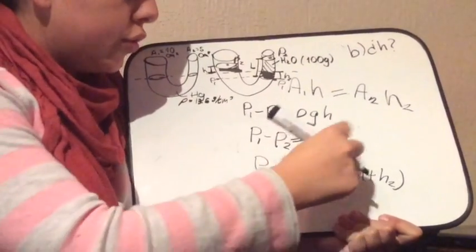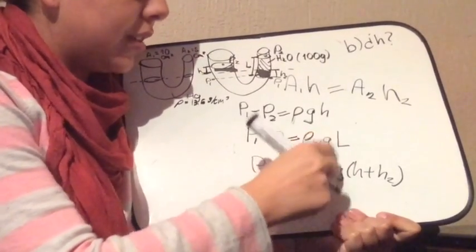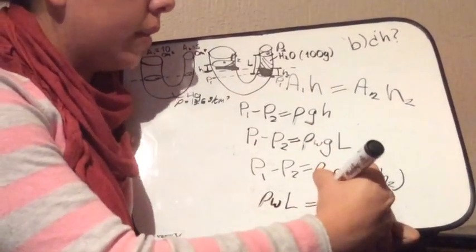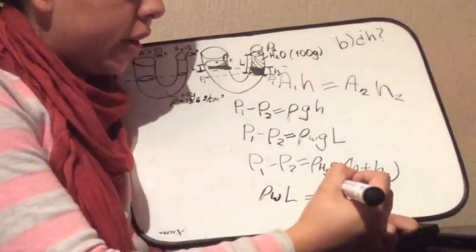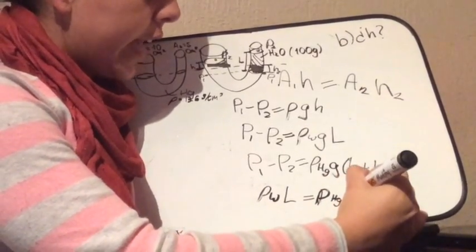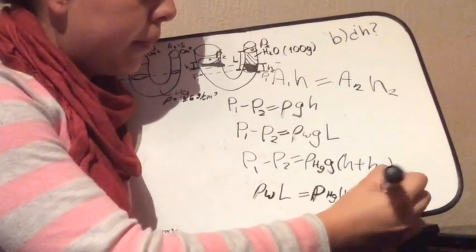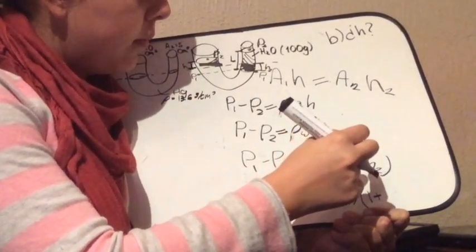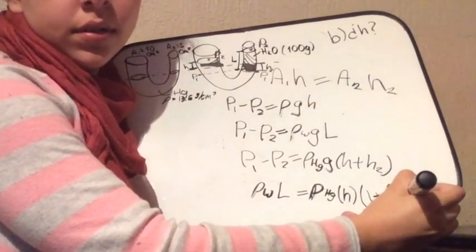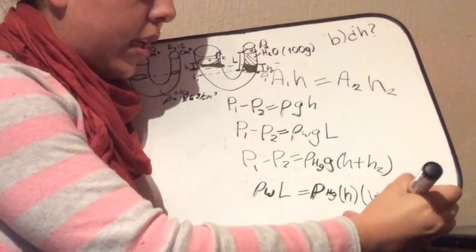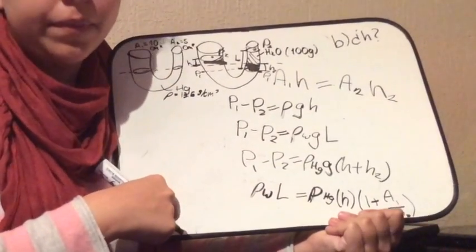So when we join these two equations, we have that the density of water times L, because as gravity is in both, there's no need to consider it, equals the density, well, this looks like a P, but it's a rho, of mercury times h times 1 plus A1 divided by A2, which is what I just stated before.